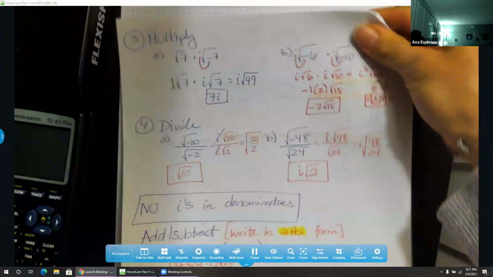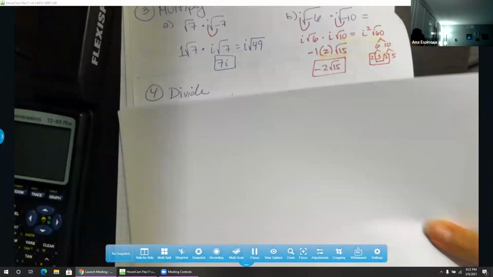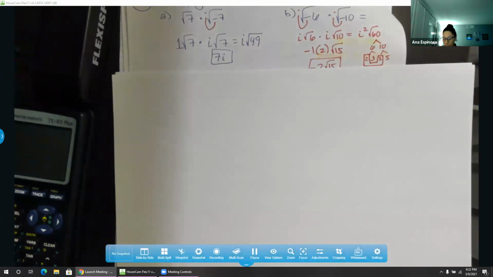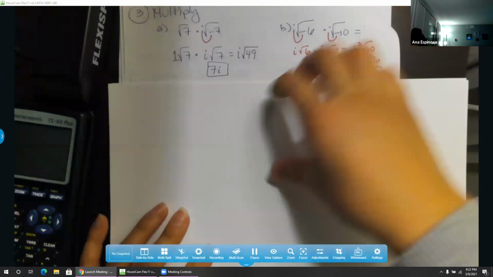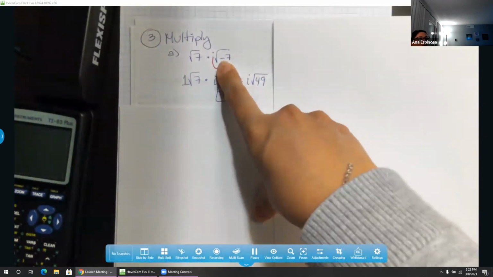Okay, moving along. We've got multiplication here. When you are multiplying, before you multiply your numbers, when you have however many numbers inside radicals, if it's the same radical, you just multiply them. The issue here is that this one has a negative.